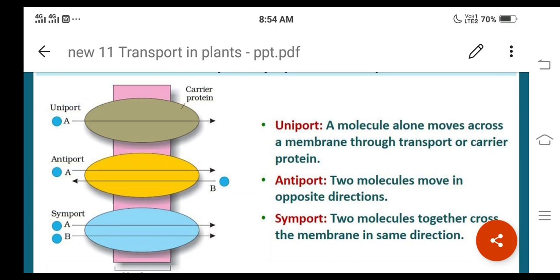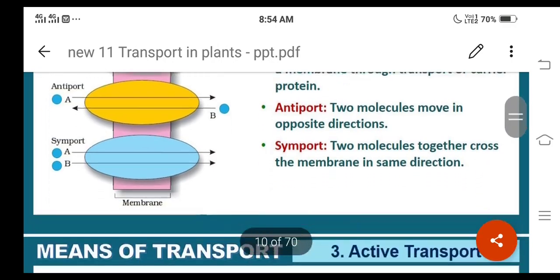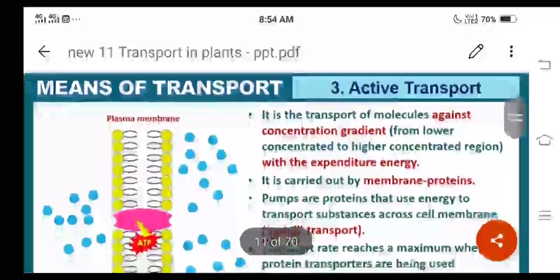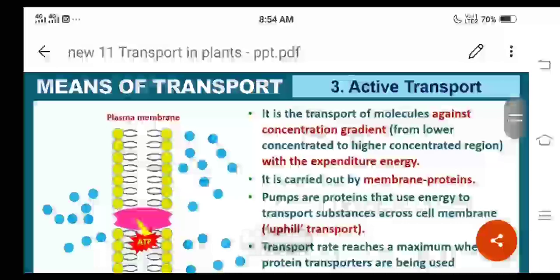Then next one, active transport. The third type of transport, or means of transport, will be active transport. And what is the definition here? It is the transport of molecules against concentration gradient.